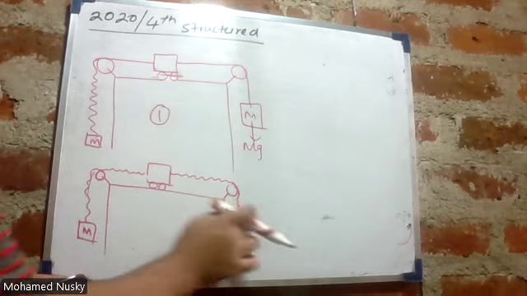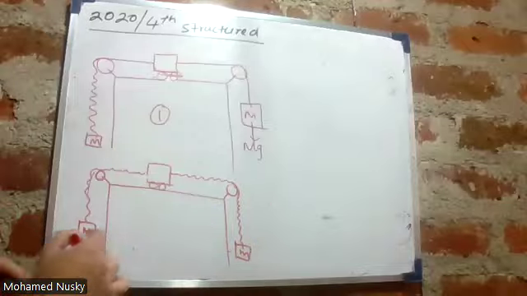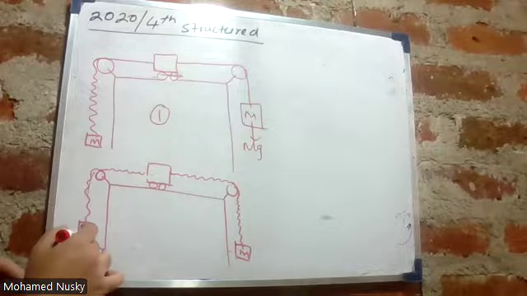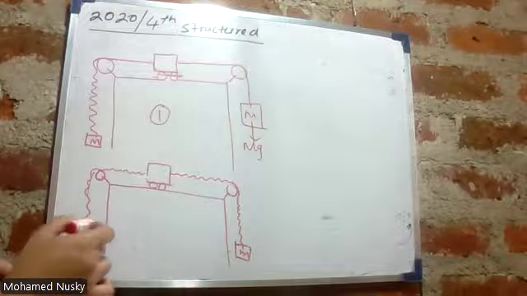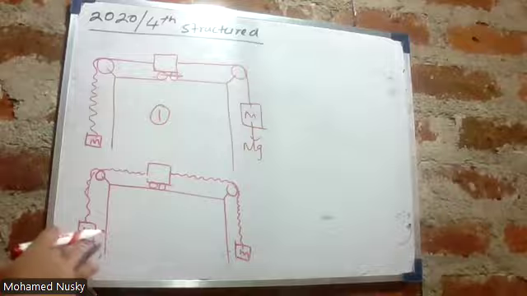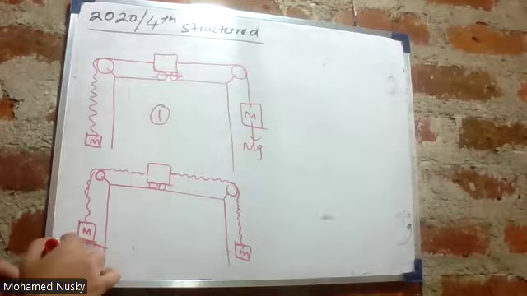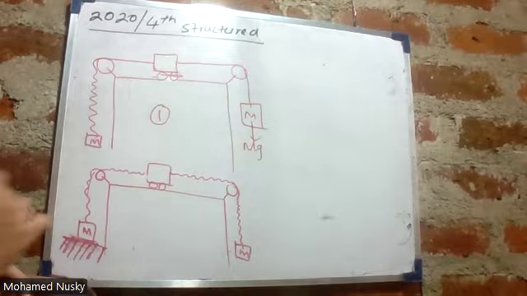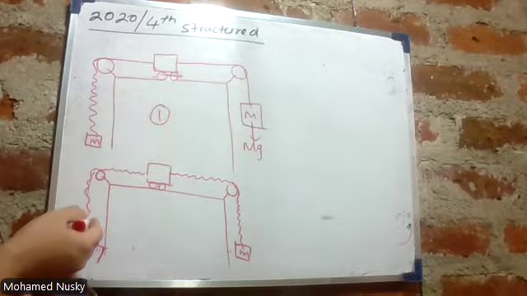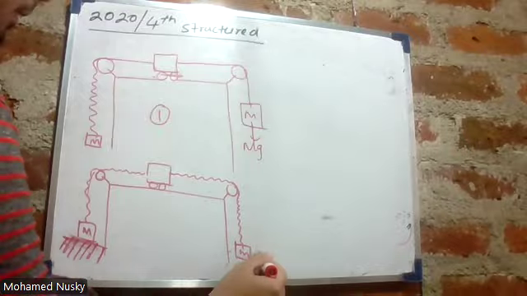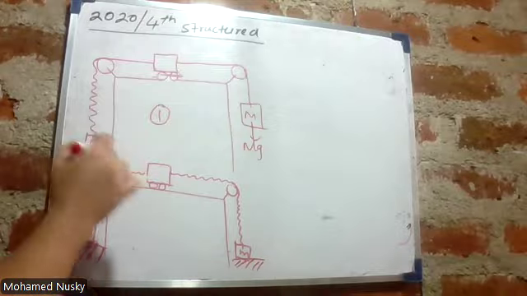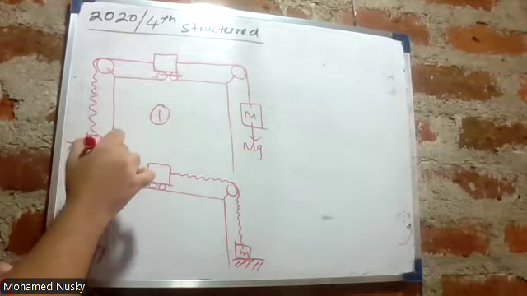Why, in both the instances with a slack string, is the box M in contact with the surface? Because this M is in contact with the surface, there won't be any tension in the string. It is also in contact with the surface.